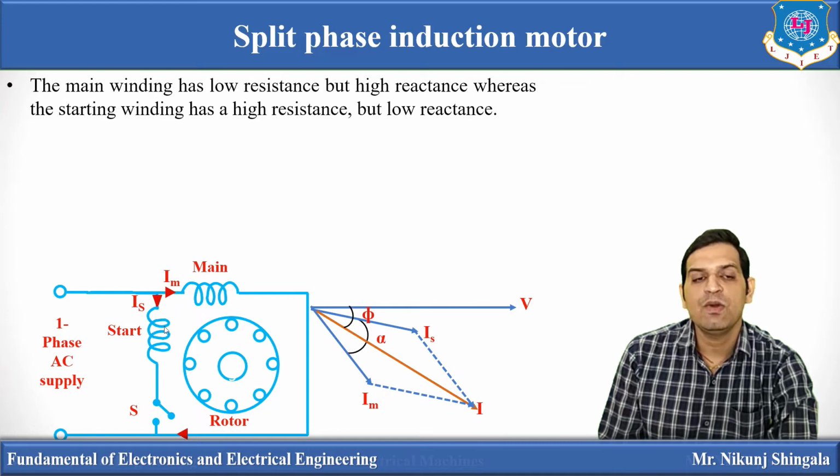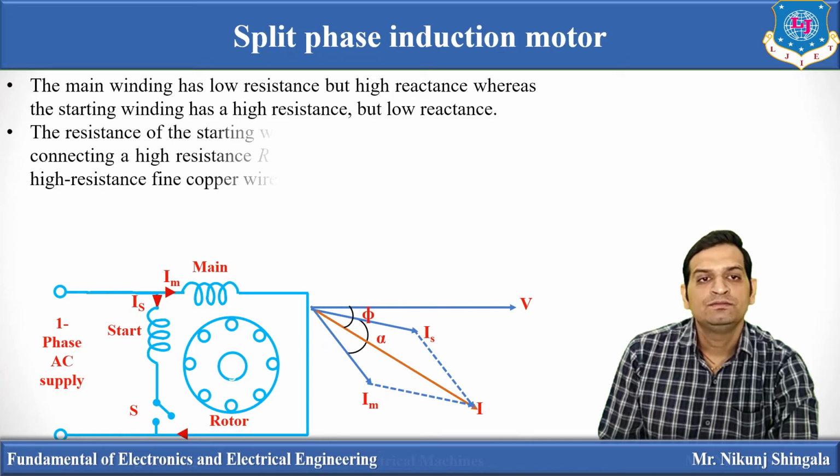The main winding and starting winding are connected in parallel across the single phase supply. The main winding has a low resistance and a high reactance, so the main winding is basically highly inductive, and the starting winding has a high resistance. So the starting winding is highly resistive, and the main winding is highly inductive.